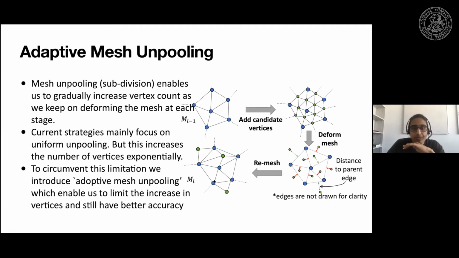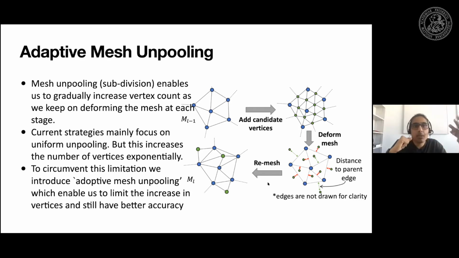So with these three steps, we can adaptively control the amount of vertices so that we don't run out of GPU memory and still get accurate meshes.